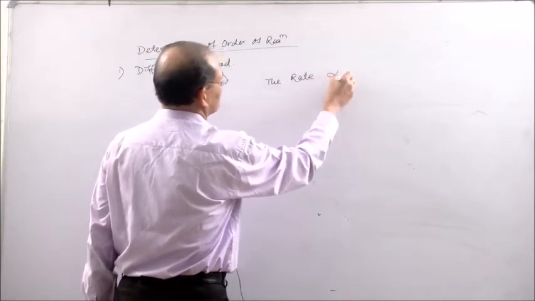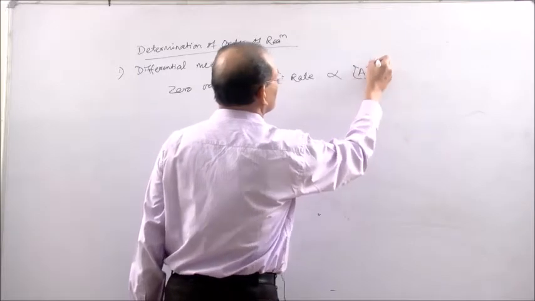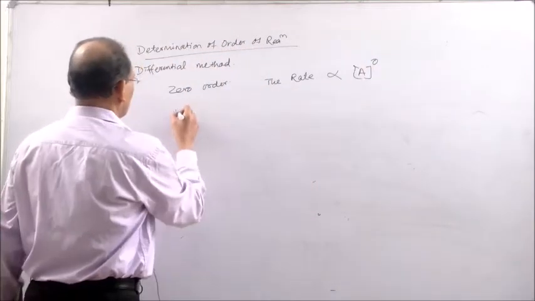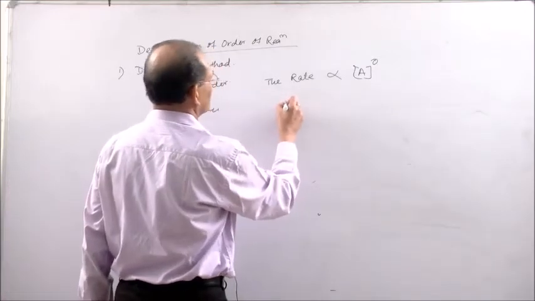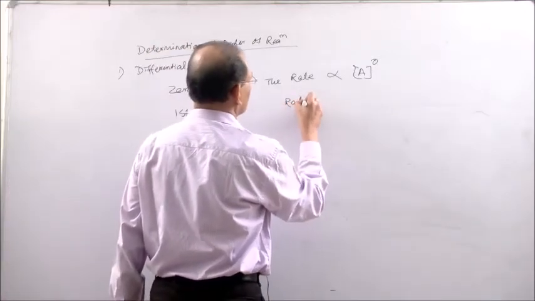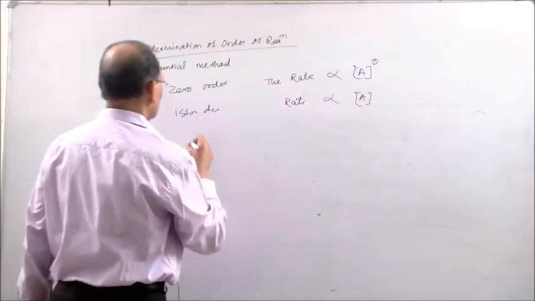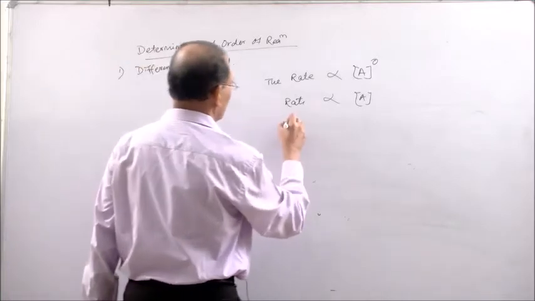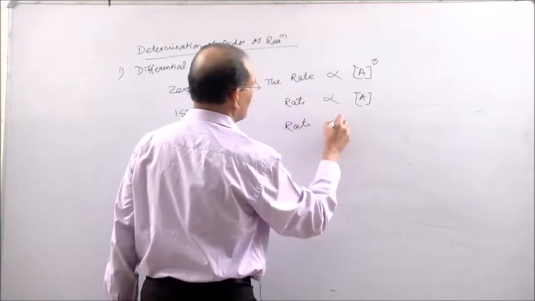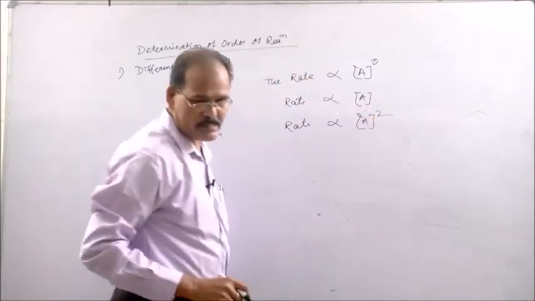In that case, as you have obtained, for the zero order reaction the rate is independent of the concentration. For first order, the rate is directly proportional to the concentration. For second order, similarly, the rate is directly proportional to the square of the concentration.